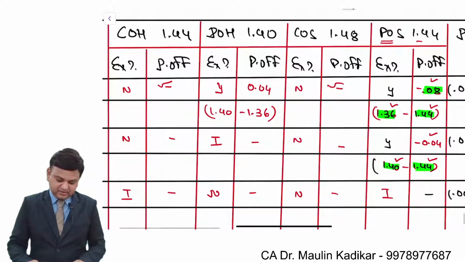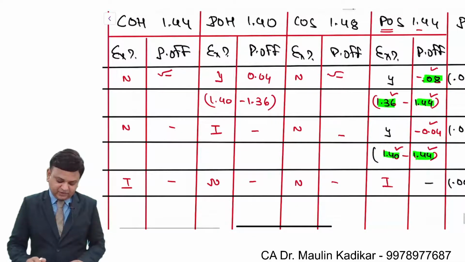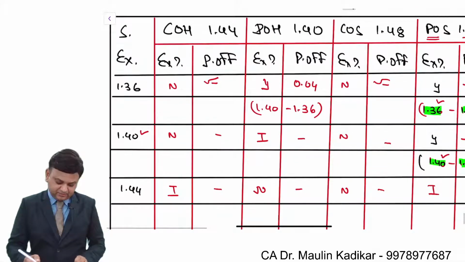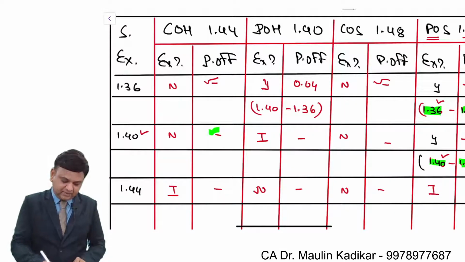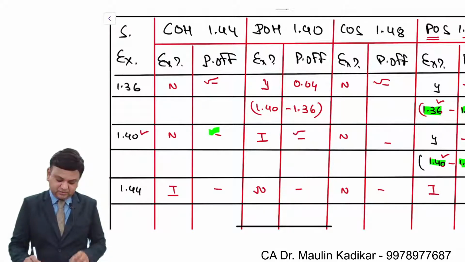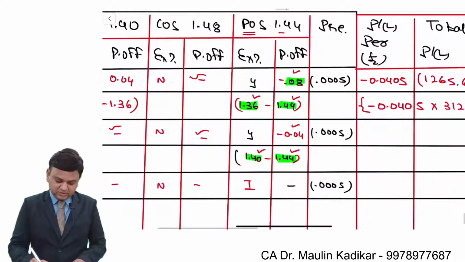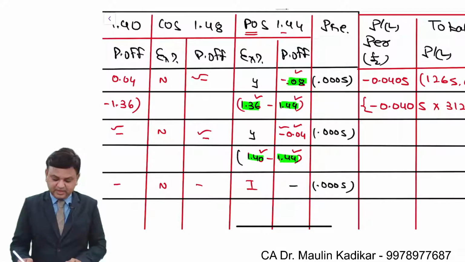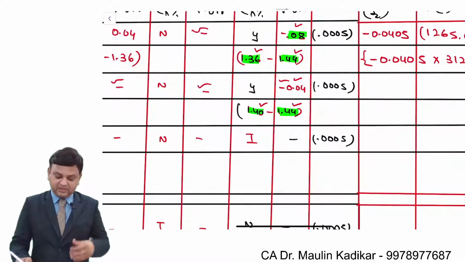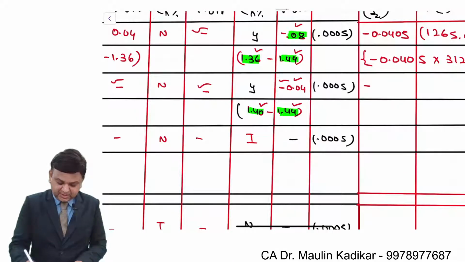Next, let us see the amount of the payoff is 0. Amount of the payoff is again 0. Amount of the payoff is 0. This is negative payoff, and that is along with that the payment of the premium. So negative 0.0405.